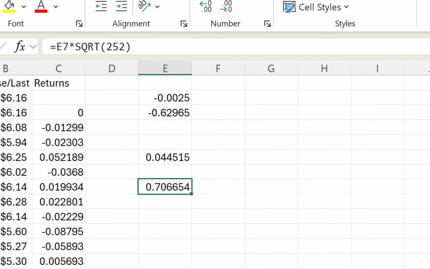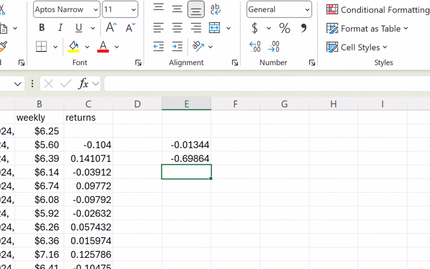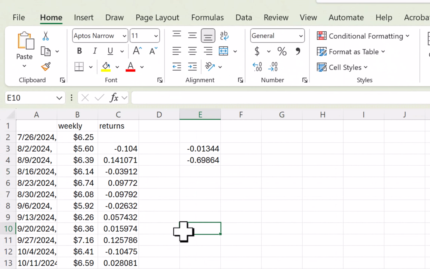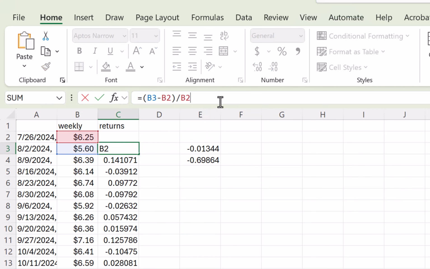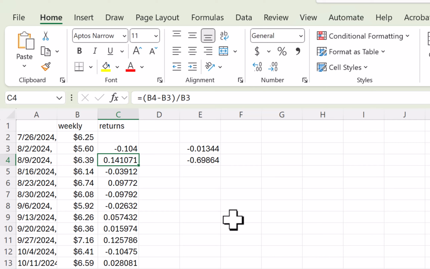So this is the same stock, this Beyond Meat stock, and now I've got weekly returns. There are 7 days in between each one of these data points. I've calculated the returns in the same way. If I would have bought it at 6.25 and then sold it at 5.60 over the week, I would have lost money. I would have lost 10%, 0.104.